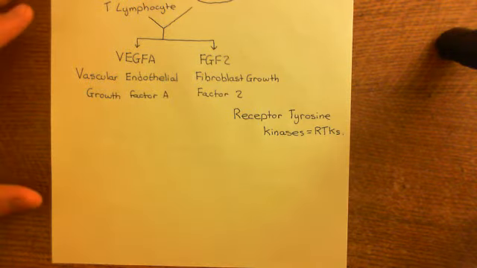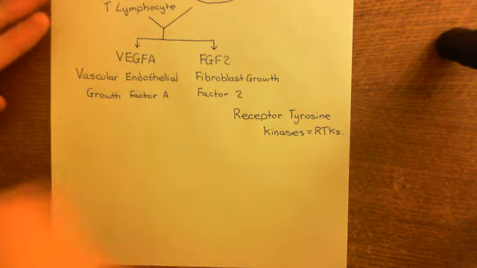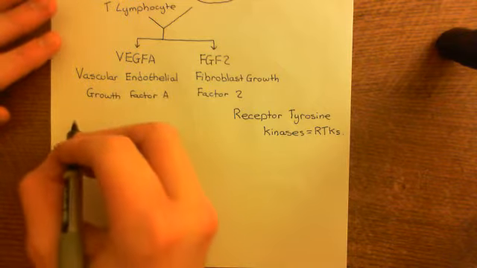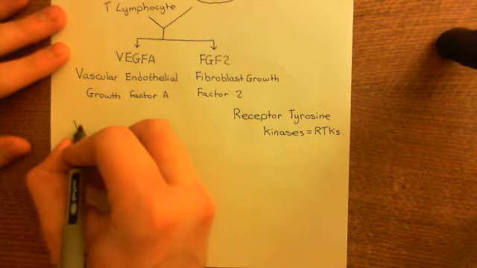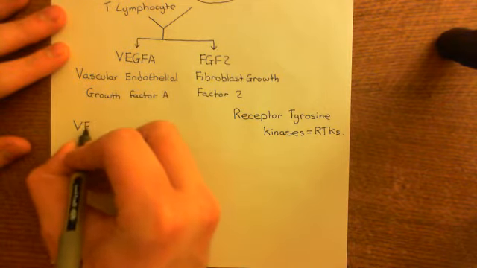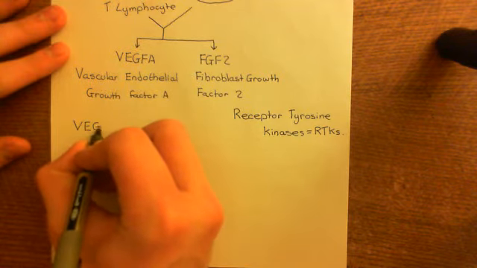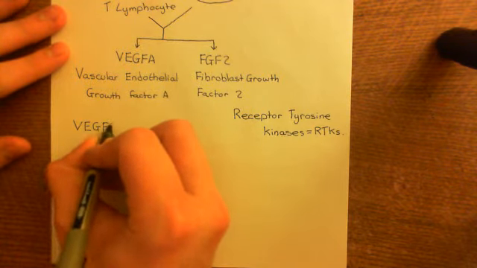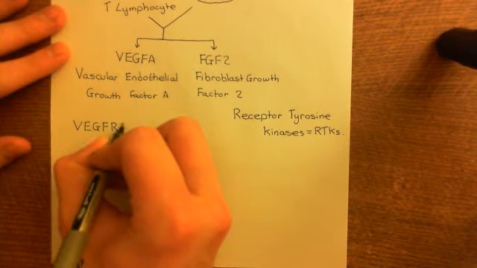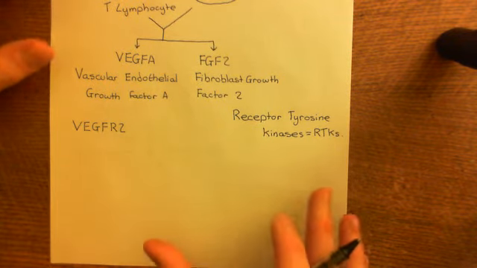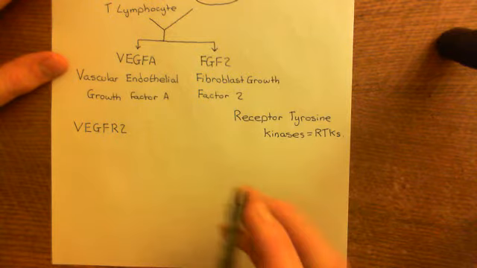Okay, so basically the receptor for vascular endothelial growth factor A is what's known as VEGF receptor 2. This is the main receptor for vascular endothelial growth factor, and it's abbreviated to VEGFR2.